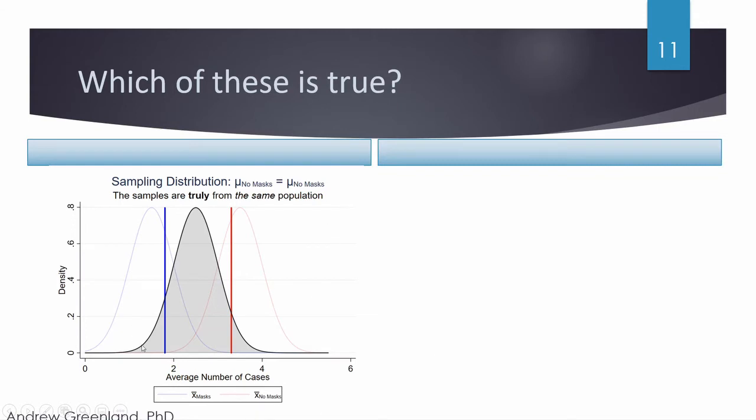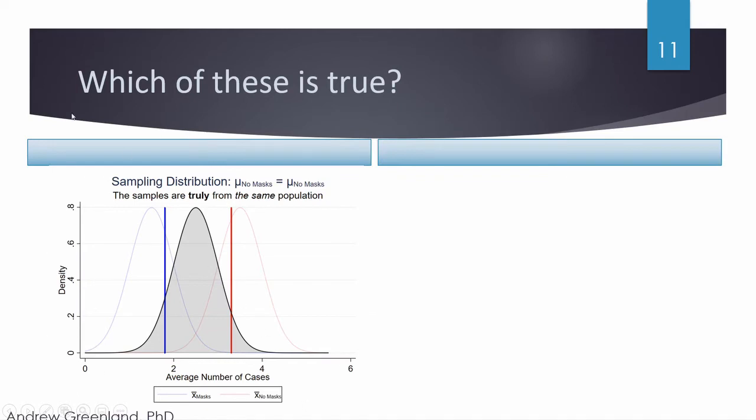And what that means is that in truth, we have taken two sets of data from the same population. It happens to be the case that the set of people that we selected who wore masks happened to have a lower than average number of cases. It also may coincidentally be the case that the set of people who did not wear masks had a higher than average number of cases just by sheer sampling error.